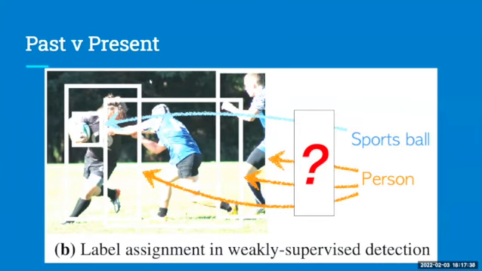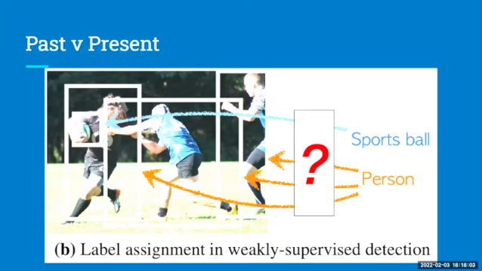In this image, they detected this person, the second person, and the third person, as well as this ball. Then they assign labels to them with the highest confidence score. After they detect these objects, they try to assign these labels to these boxes, and then they use these as pseudo ground truths to train their object detectors.